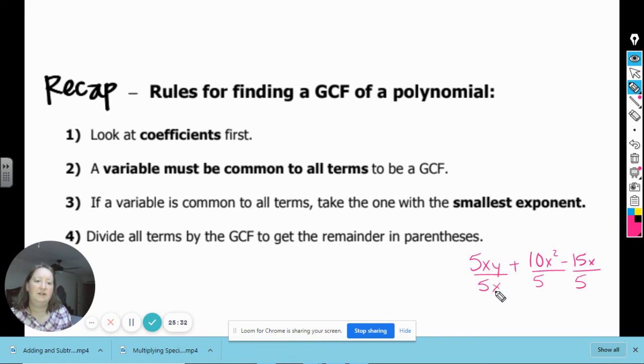Yes, they have an x in common. Go with the smallest exponent. Then we're going to put 5x, the GCF, on the outside and leave the remainder, the leftovers, on the inside in parentheses. So we've got just a y plus 2x minus 3. Done deal. That was following the directions.